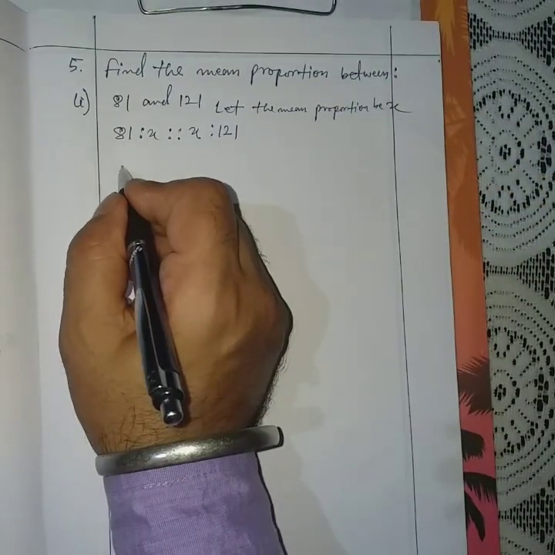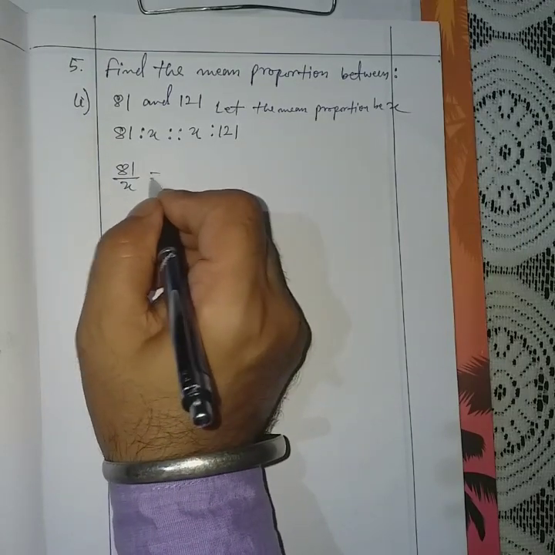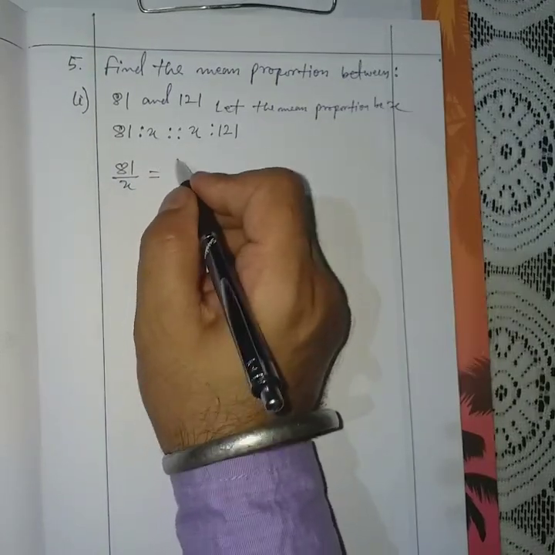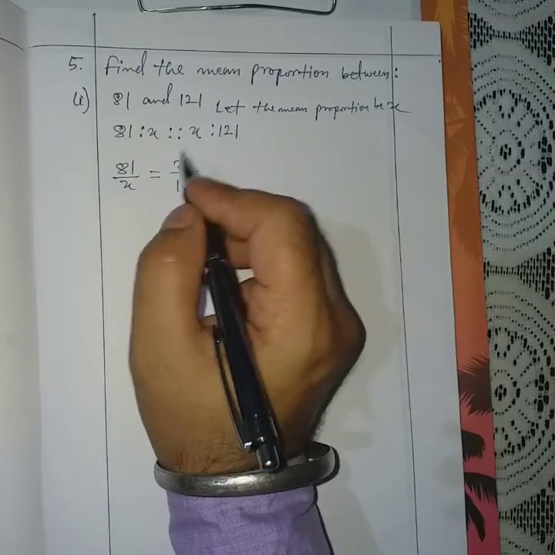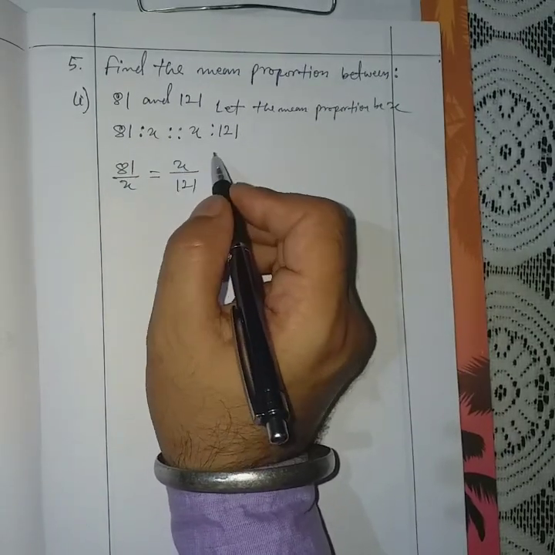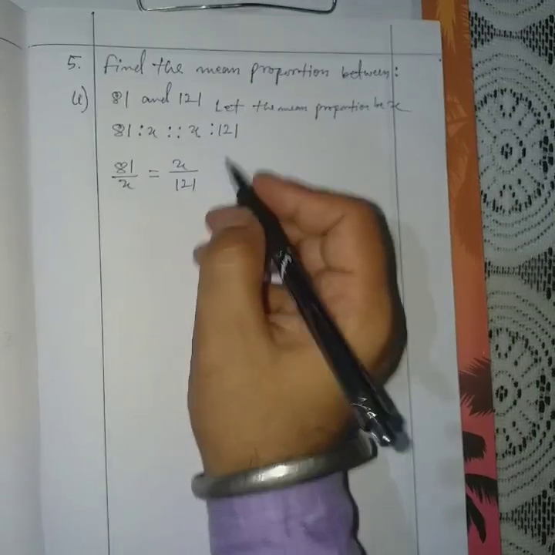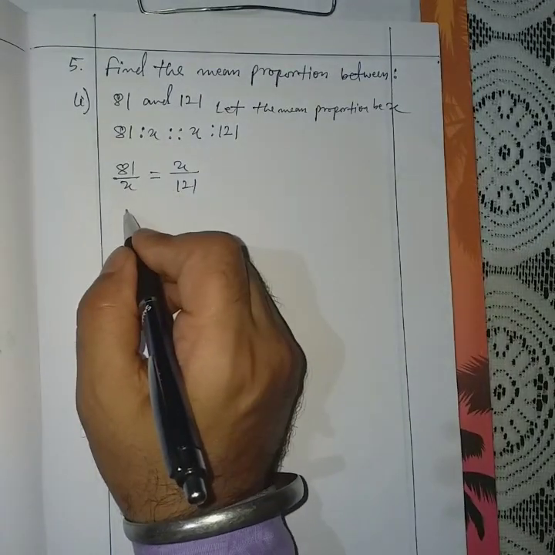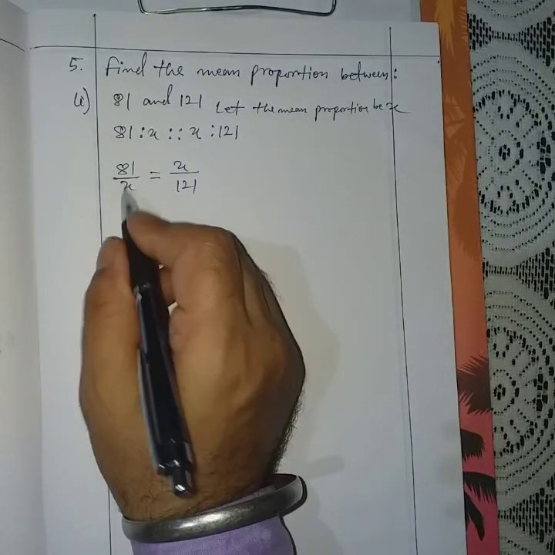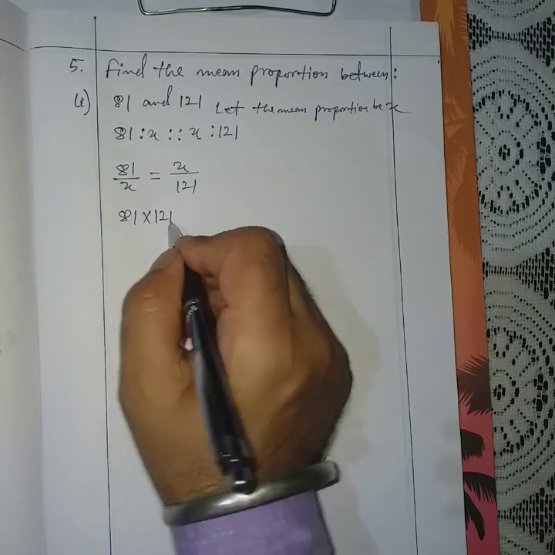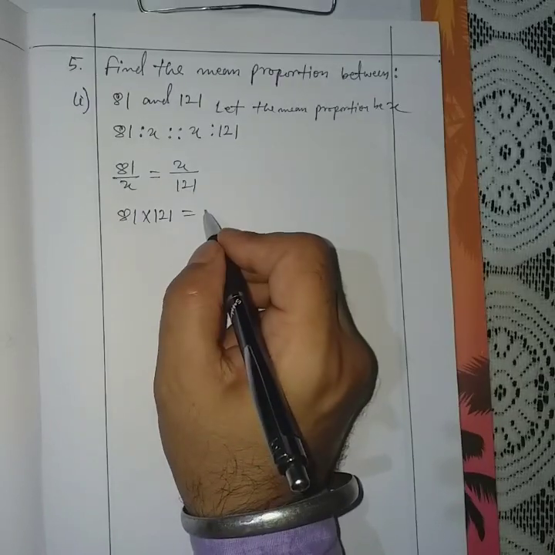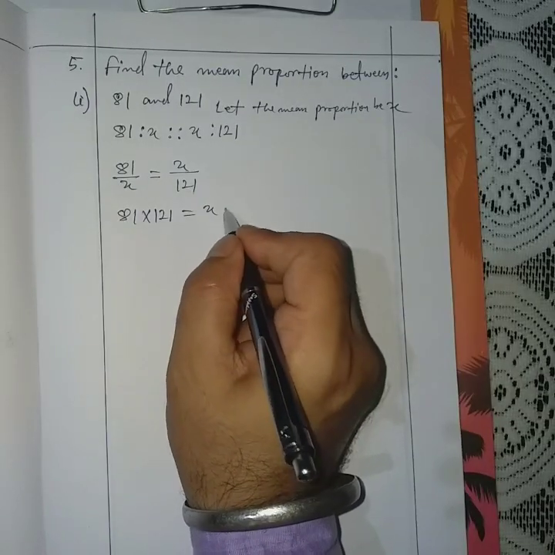Then we can write 81 by x is equal to x by 121. Product of means is equal to product of extremes, you can apply here. Now we are finding x, so cross multiplication: 81 into 121 is equal to x into x, which is x square.